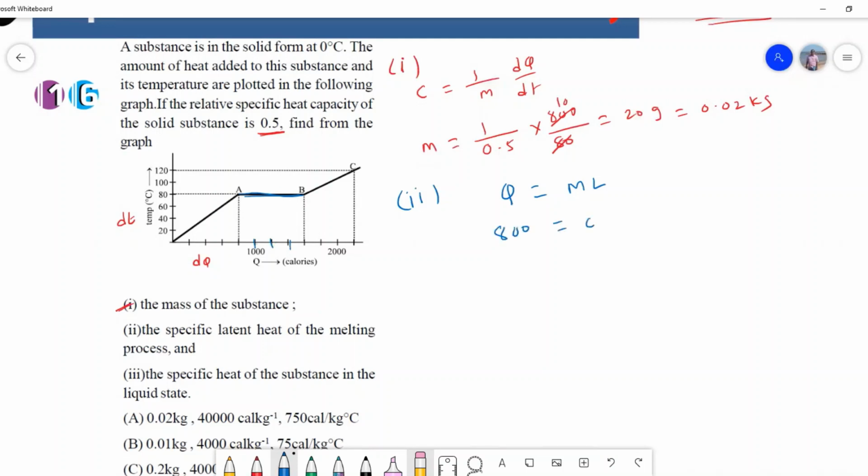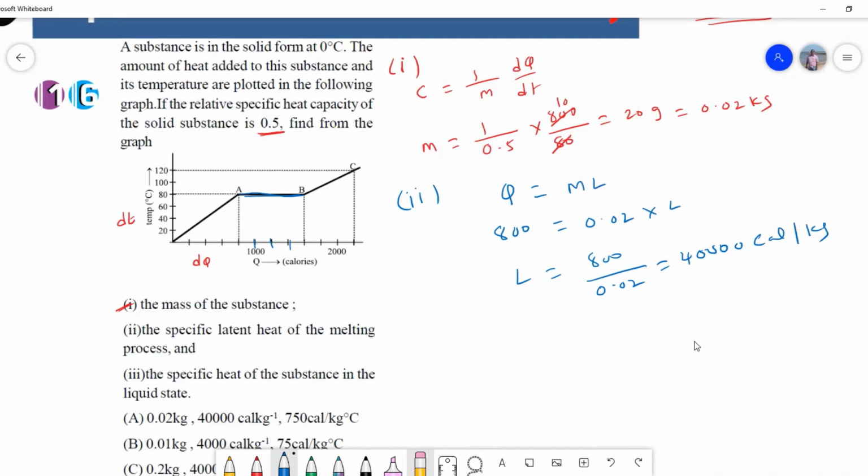Mass we just got, 0.02, and I want to find out L. So L is equal to 800 by 0.02, nothing but 40,000, because I am taking mass in kilogram and heat in calories. I didn't convert calories. So I get 40,000 calorie per kg. Units are very important.